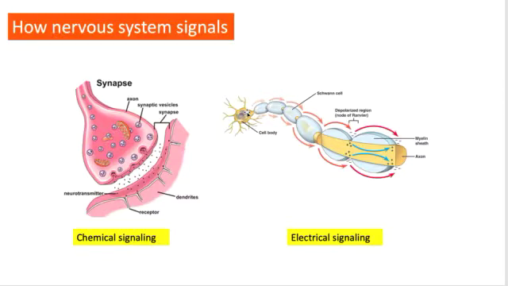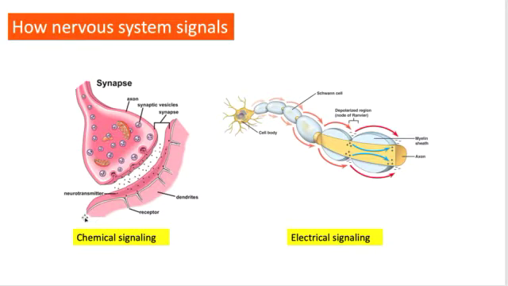Inside those neurons are chemicals, as you might suspect. There are two kinds of signaling taking place in, or between, these cells: chemical signaling that takes place between cells, and electrical signaling that takes place within the cells.